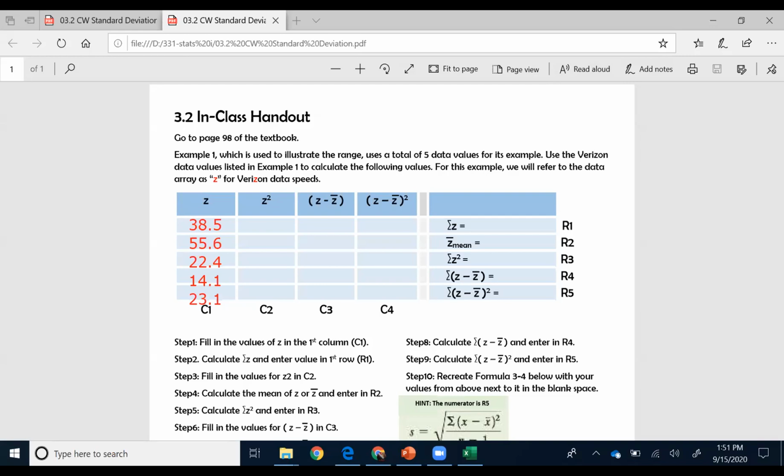When I square that, 38.5 times 38.5 equals, whew, it's a big number, 1482.25. I'm going to 2 decimal points because, like I said, we're doing a measure of center. Measure of center has 38 point something. It's already at 1 decimal point.